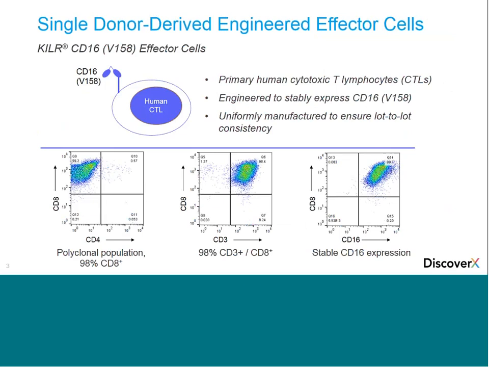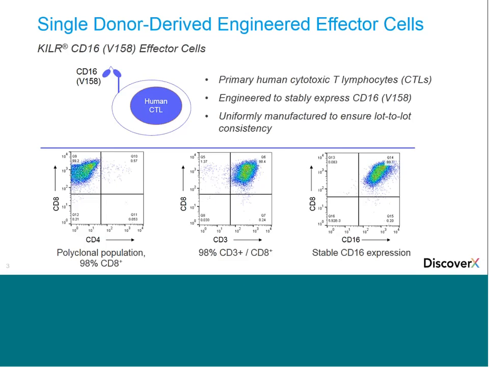That is why we're so excited about the introduction of our single donor-derived engineered effector cells, or our KILR CD16 effector cells. These are primary human cytotoxic T lymphocytes that have been engineered to stably express the V158 variant of CD16. Importantly, they are uniformly manufactured in a quality environment to ensure lot-to-lot consistency. Shown at the bottom of this slide are some characteristics obtained by flow that show you the types of cells that are actually in these effector cells.